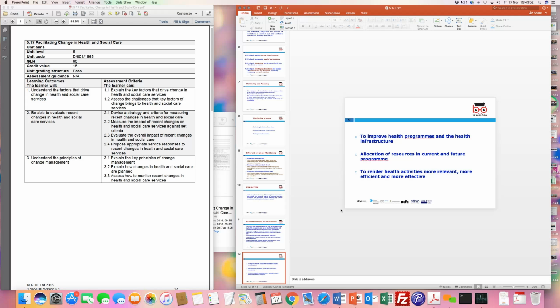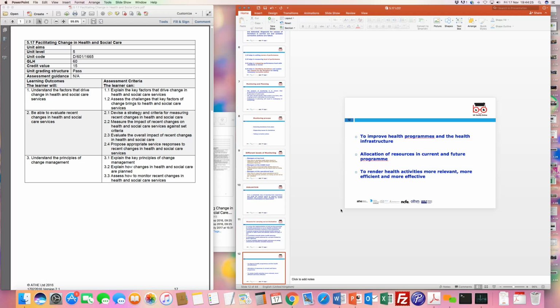So a lot of expensive resources are allocated, and to ensure that these resources, in terms of people, infrastructure, equipment and others, provide the relevant type of care required within this setup, you have to look at the process of evaluation and how to better improve, look at savings wherever possible, and wherever efficiencies can be achieved, they have to be looked at through the process of evaluation.